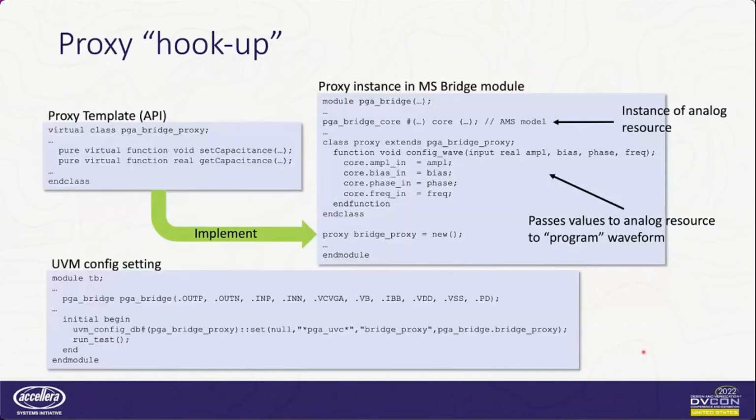So here's an example. First of all, you have to create a proxy template, and this is just a virtual class that has the pure virtual functions in it, which is just the header information.